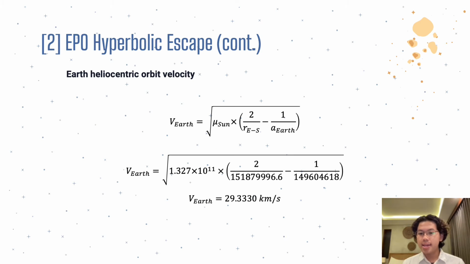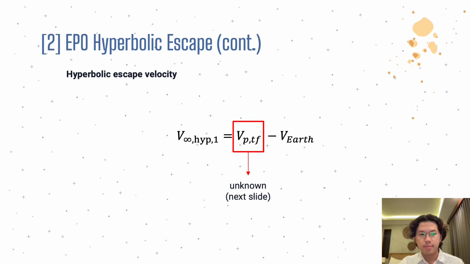To find the escape velocity required for the spacecraft to enter the transfer orbit, we first need to calculate the Earth's velocity around the Sun. With the known data, the Earth's heliocentric velocity is found to be 29.333 km per second relative to the Sun. And after that, the escape velocity can be calculated using this equation.